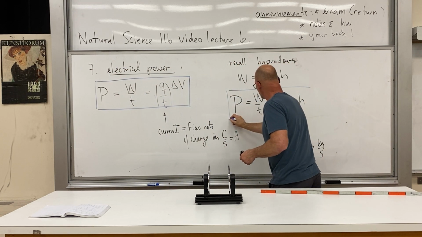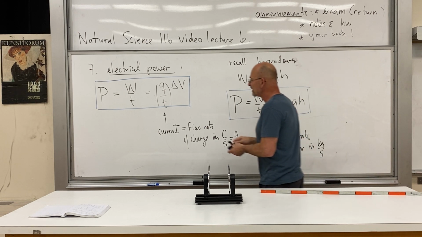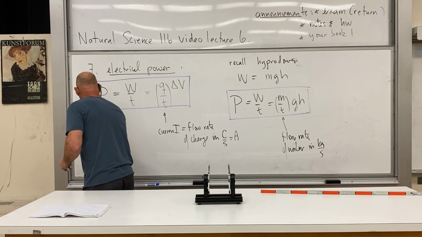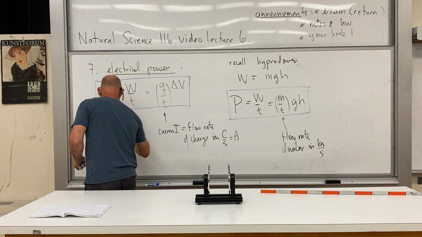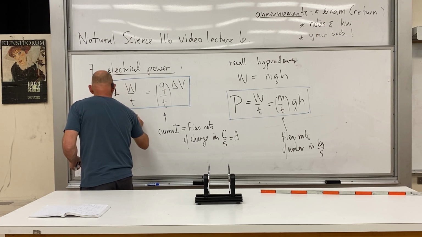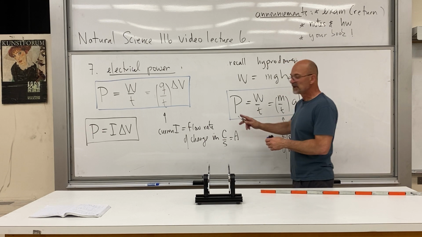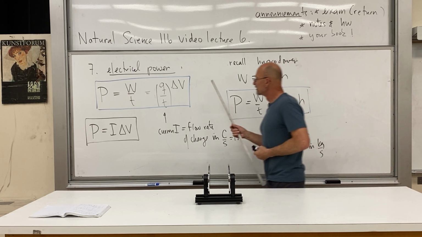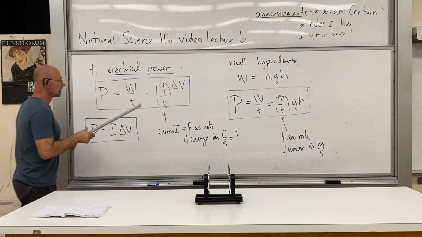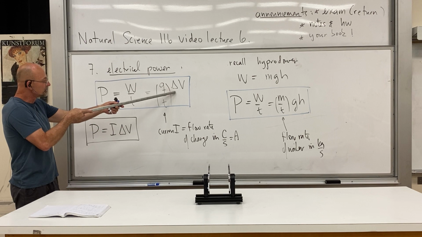These two formulas are very analogous, and underneath we're going to write P is equal to I delta V. This is one we're going to use a lot. But first I want to belabor the point here a bit, because this is too good to pass up. So the power is the flow rate of the charge times this voltage.